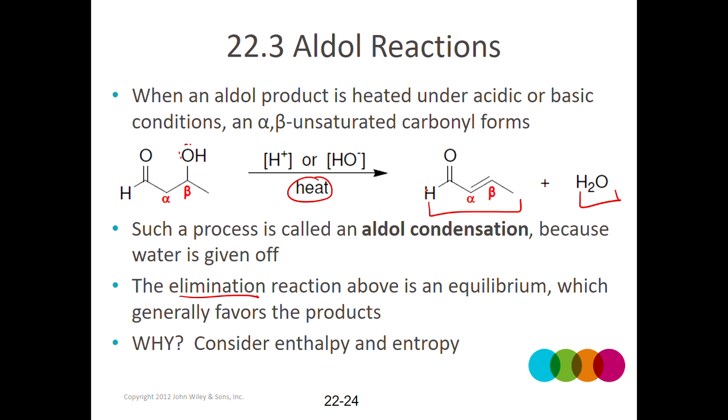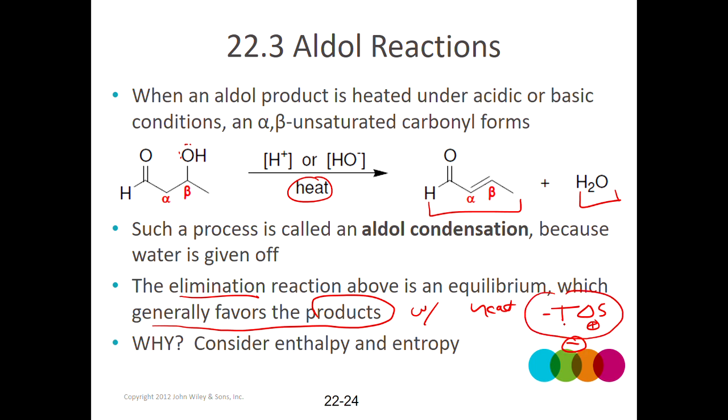It's an equilibrium, which we can especially get to favor products with heat, because in this process delta S is positive, so that term becomes negative, and an increase in temperature makes it more negative, making delta G more negative, which helps it shift more toward the product side. And that's based on entropy for the most part, because we're forming more entropy when we break this up into multiple structures.